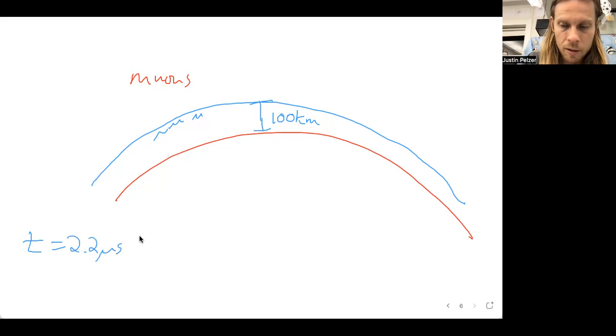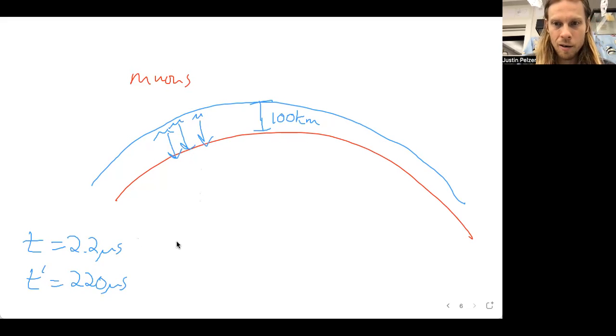A micro is times 10 to the negative 6. But they're actually observed to decay in 220 microseconds, which means they actually make it to the surface of the Earth. So that means their gamma is 100.